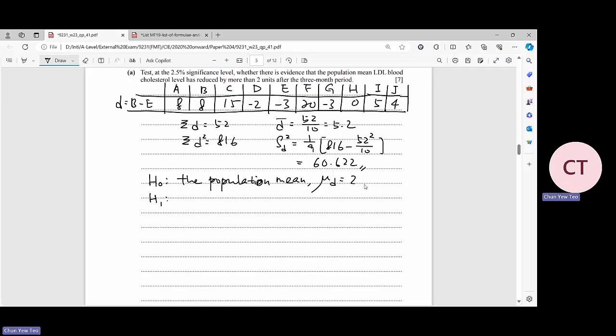Okay, because the question mentioned more than 2. You see the question they mentioned more than 2. So this one is 2, versus the population mean, not median, mean, is more than 2. Okay, so this one is the right here.